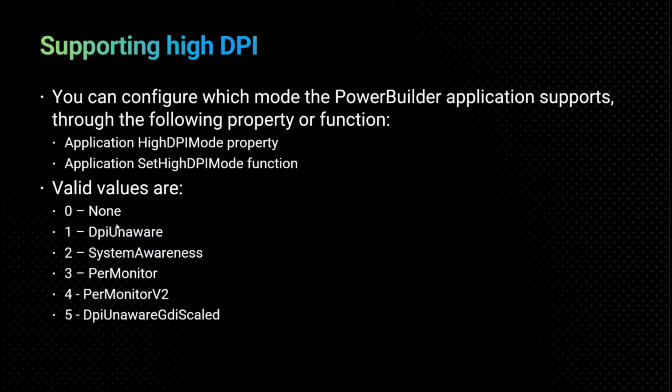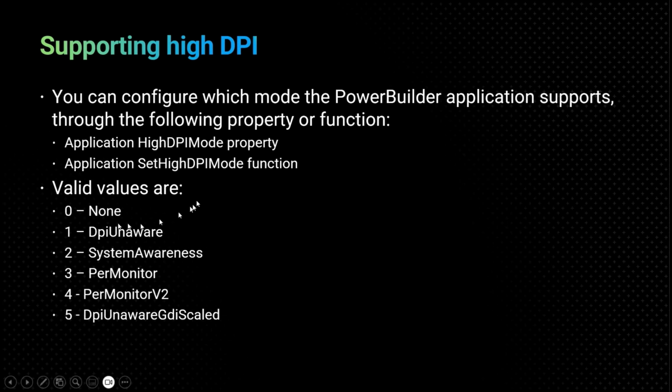You take a PowerBuilder 2022 application or prior and you migrate it to PowerBuilder 2025, and it will default to 0. It will continue to be DPI unaware. This is not something that is automatically applied when you migrate the application to 2025. You need to decide whether or not you want to turn this particular feature on and determine what level you want to set it to for each of your applications.